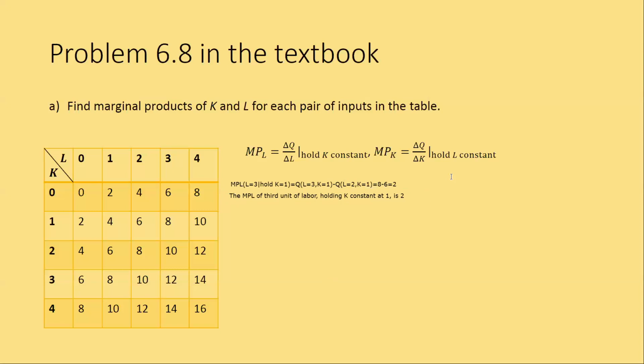Let's look at the marginal product of capital, for example. Let's say I'm interested in the second unit of capital, so K equals 2, and I'm going to hold labor constant at 4. This is going to be the quantity we can produce by employing 2 units of capital and 4 units of labor. We subtract from it the output we can produce by employing 1 unit of capital and also 4 units of labor.